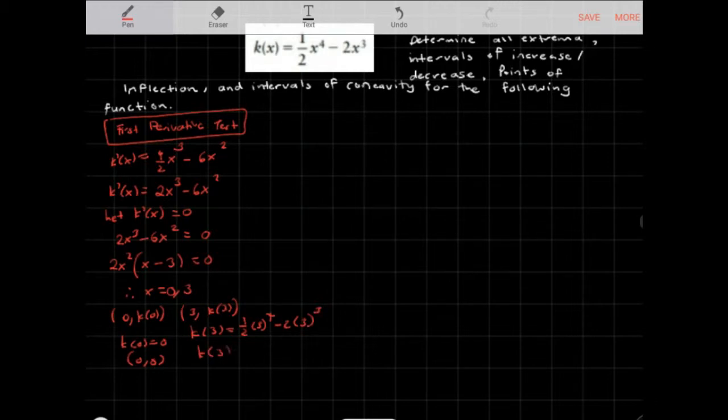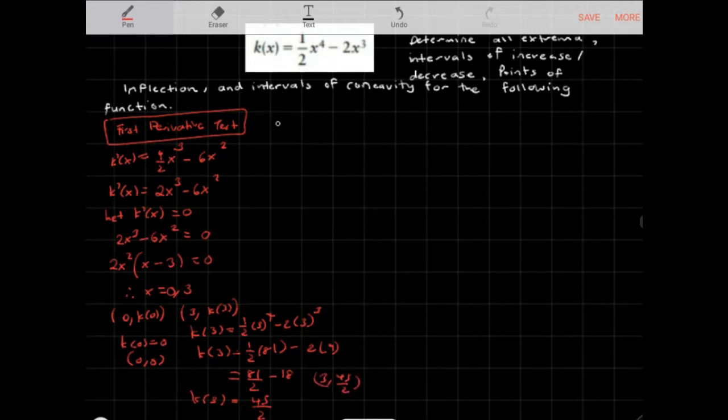So k of 3 is going to give us 1 half times 81 minus 2 times 27, which is 81 over 2 minus 54, so we can write it as negative 27 over 2. Okay, so the other point is going to be 3 and negative 27 over 2.